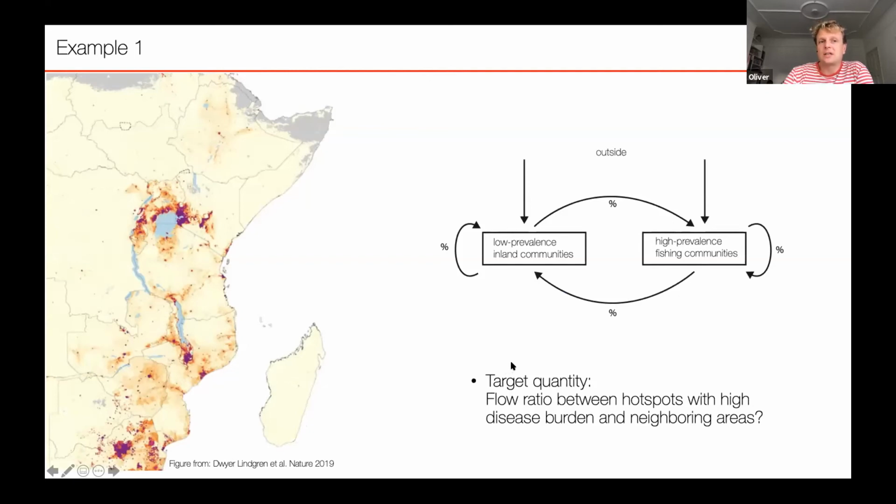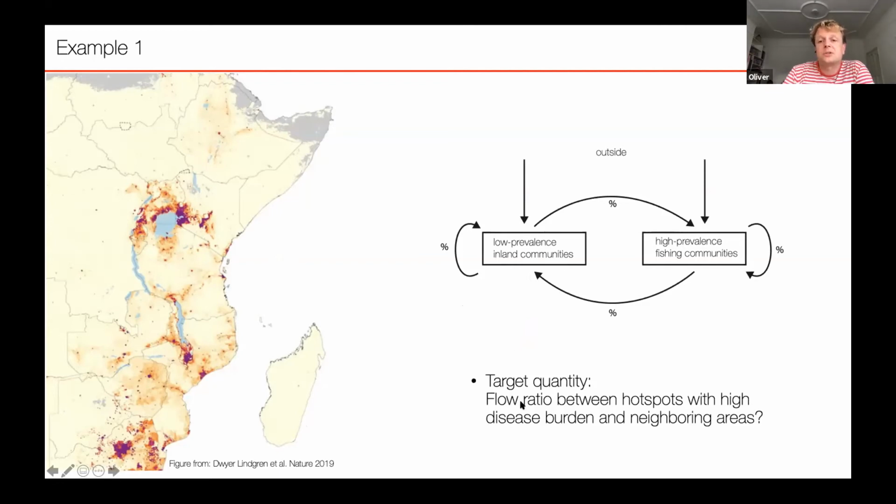And one example that we've looked at in the past is the Rakai area, which is located about here. I hope you can see my mouse. And we looked into the question of what the transmission flows are between low HIV prevalence inland communities and high HIV prevalence fishing communities that are just at the shore of Lake Victoria.